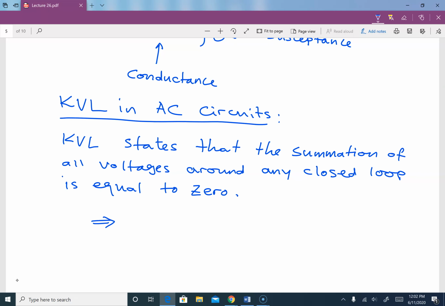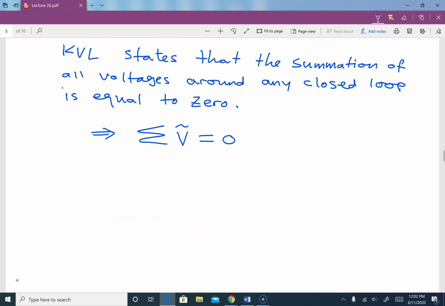That means summation of V's is equal to 0. That is KVL.